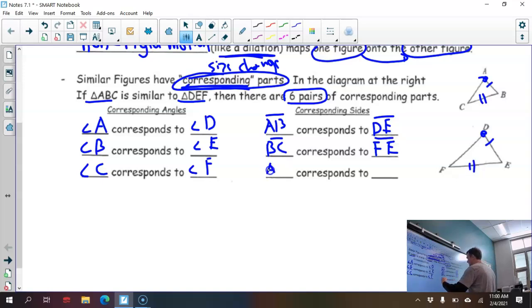And side AC corresponds to side DF. Okay, corresponding parts really just means you're matching up the parts. If I were to take this triangle and maybe do a translation so it was sitting right here, and then maybe do a dilation to make it bigger, they would match up with each other.